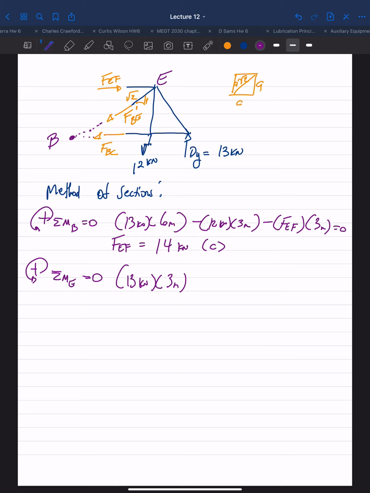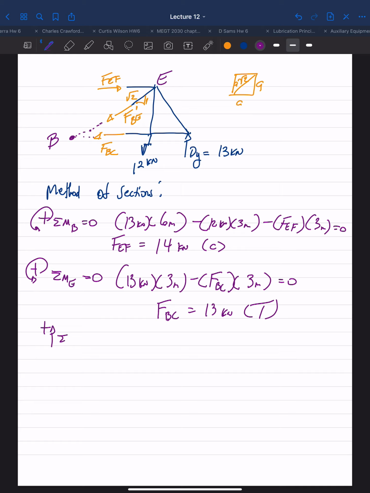I don't have to worry about the 12 kilonewton force because that line of action goes through point E. FBC causes positive clockwise rotation, perpendicular distance of 3 meters. As intention.